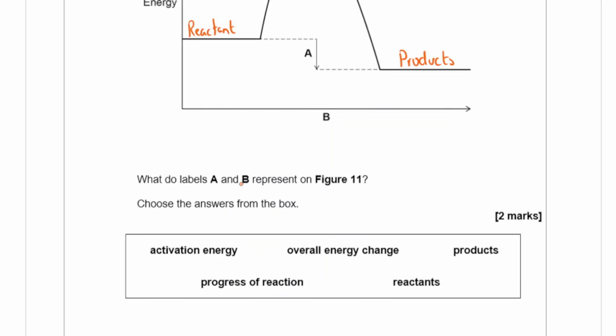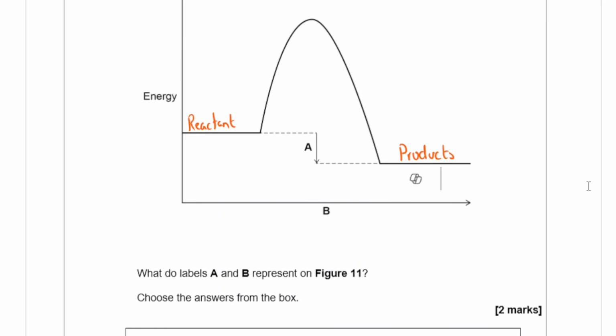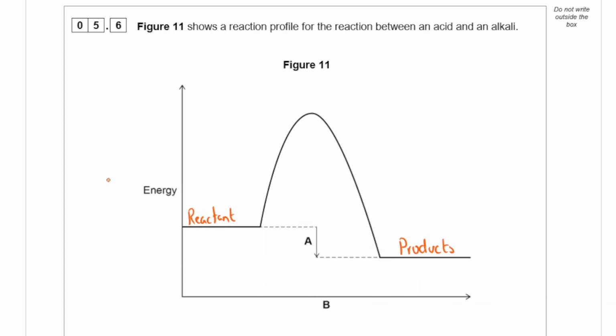What do labels A and B represent? So actually they are only asking for part of it. Let me label all of the rest of it. So the reactants are here, products are here. Now this from the tip to there is the activation energy.